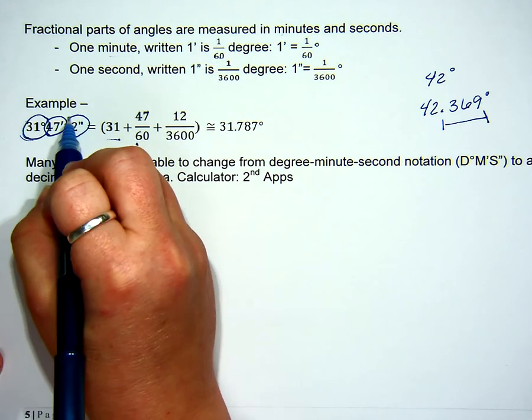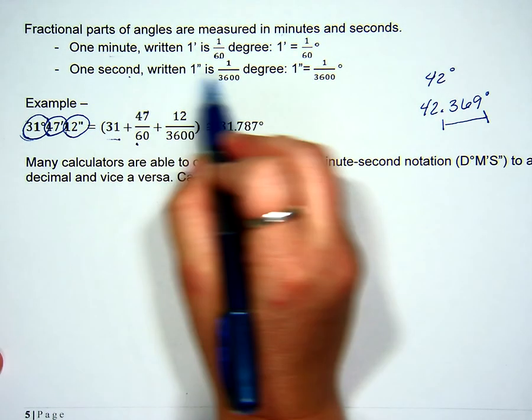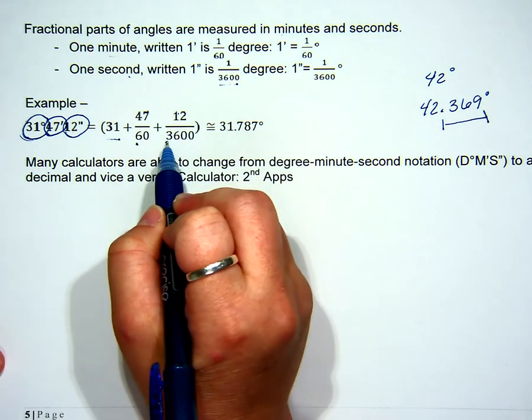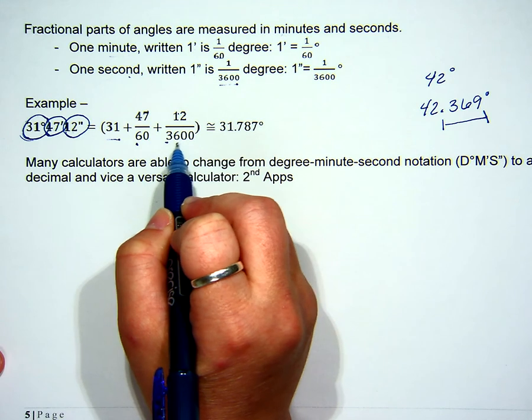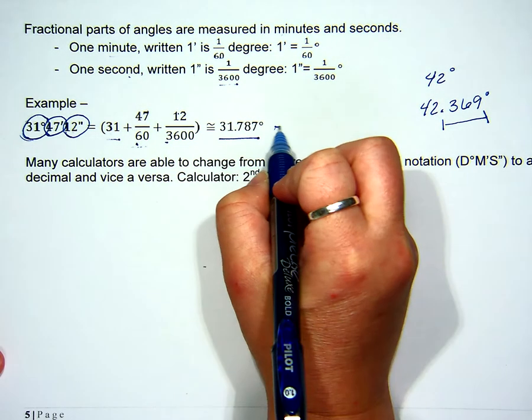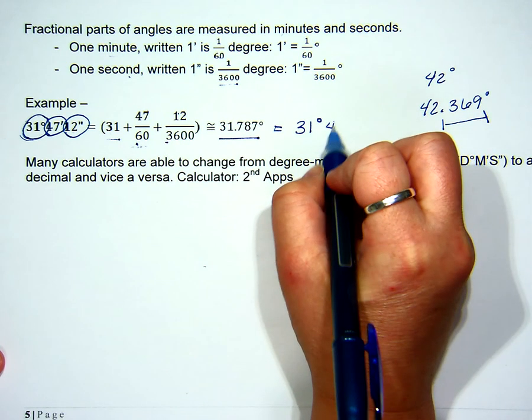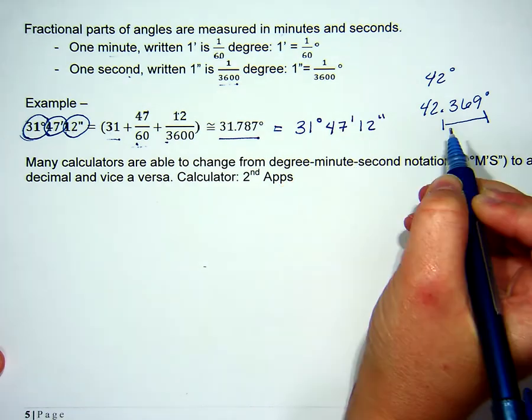Then you have 12 with two marks. Two marks means seconds, so that's 1/360th. I'm sorry, 1/3600th. So I have 12 over 3600. I take this and add these up, and this will get my decimal form of this example. So this is equal to 31 degrees, 47 minutes, and 12 seconds.